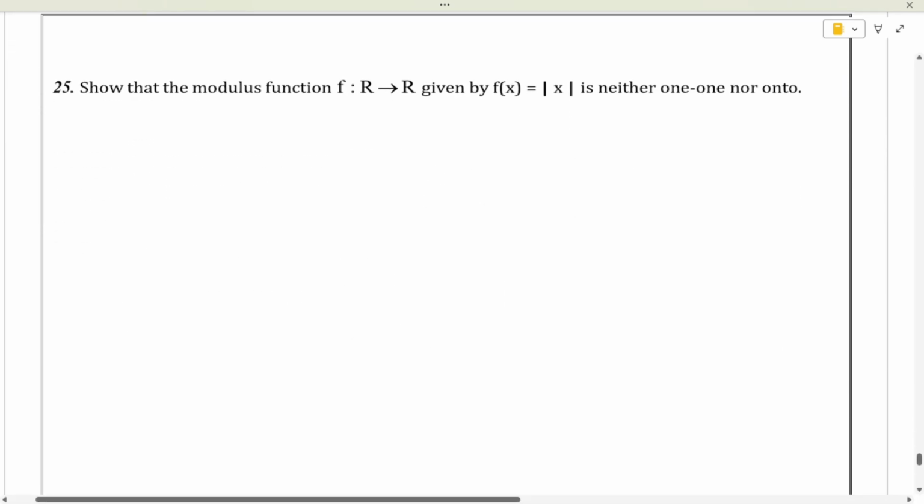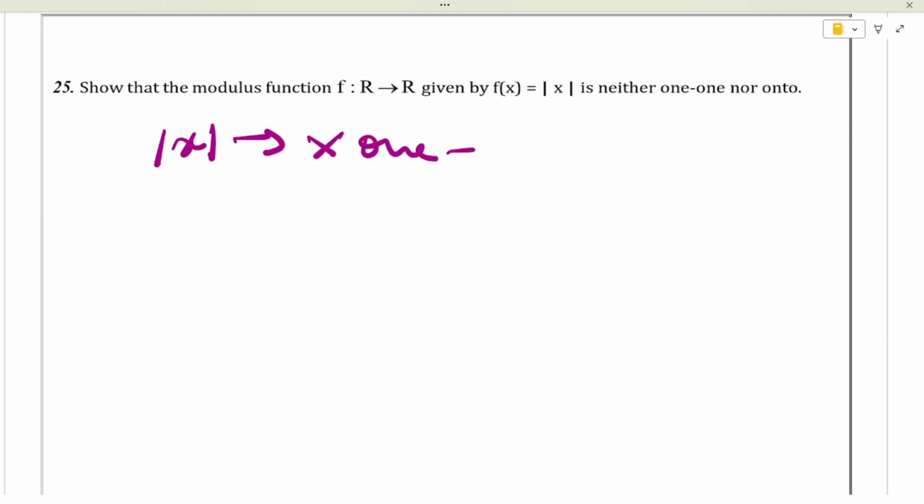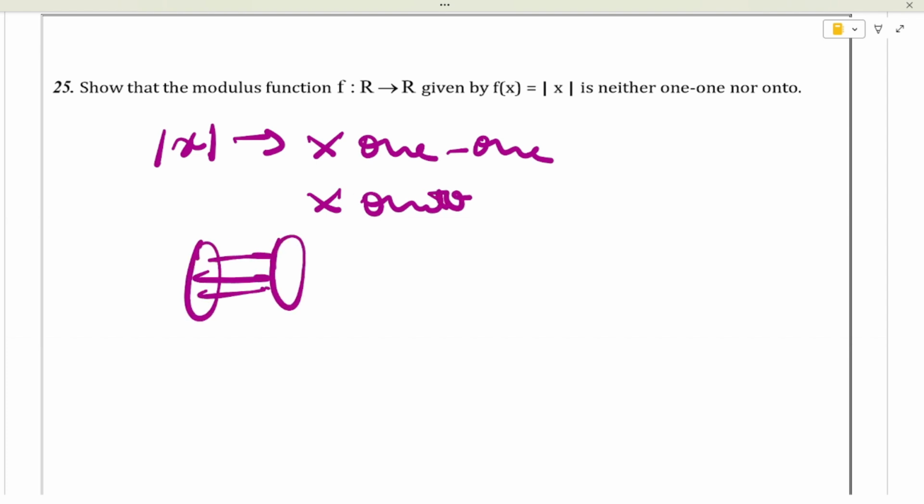The same way you have to show that it is not 1 to 1, not onto. Now if you take mod x, it is not a 1 to 1 function and it is not onto also. 1 to 1 means if you have two relations, it should be related to only one. If you have A, B, C, D and all here, it should be related to only one.